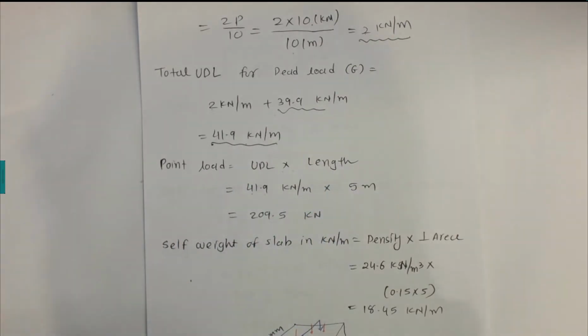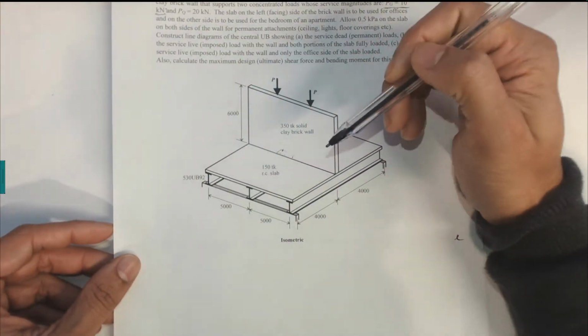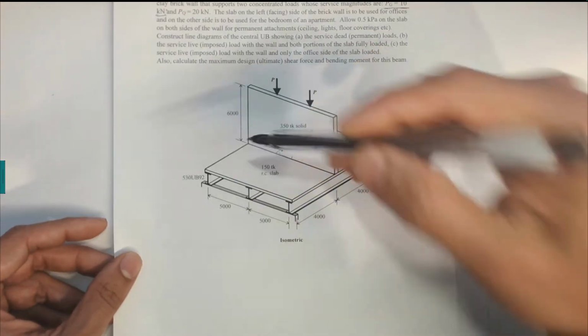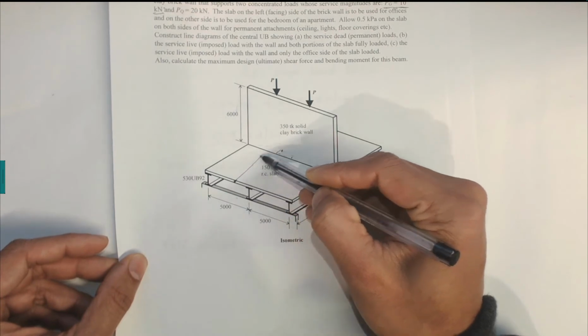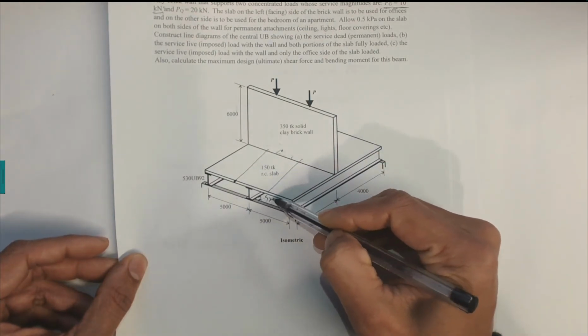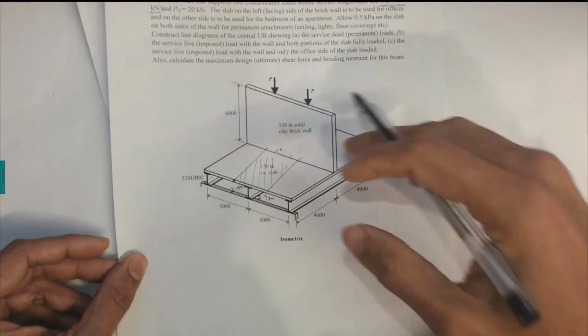Now this is very important here. The length that we're going to take is just 5000 millimeters, or 5 meters. So how is it going to work? Because if you take the half here, that is 2.5 meters here, 2.5 meters here. So we are just going to take this length for this case.